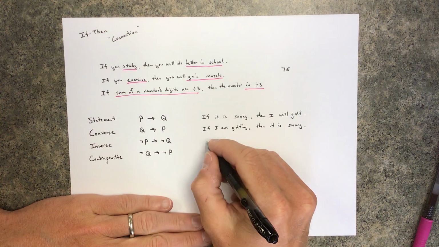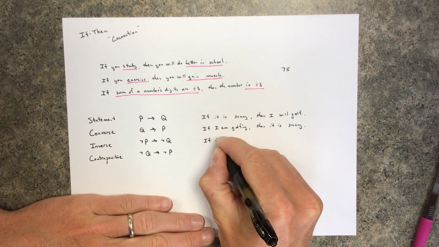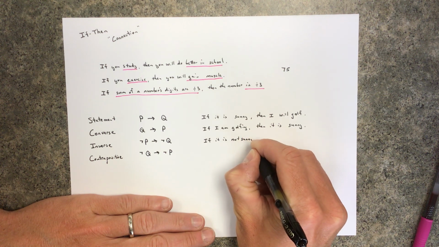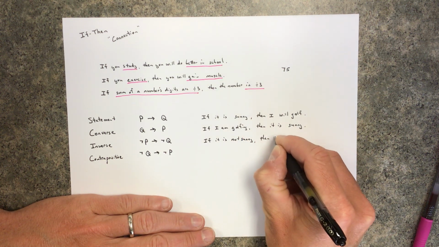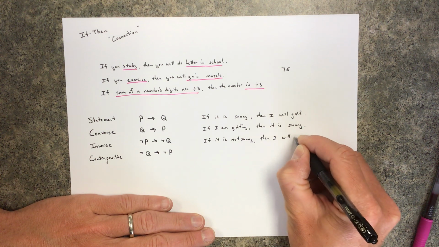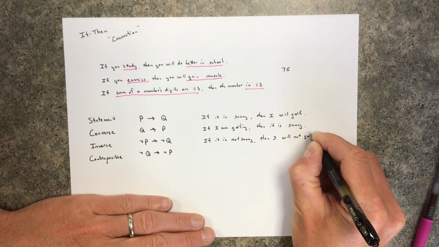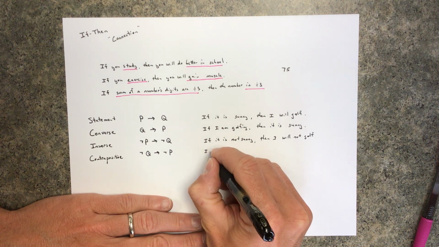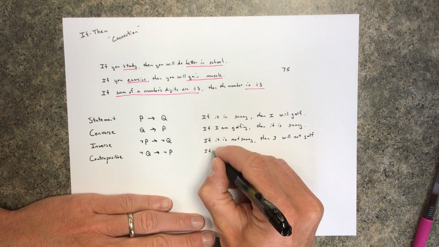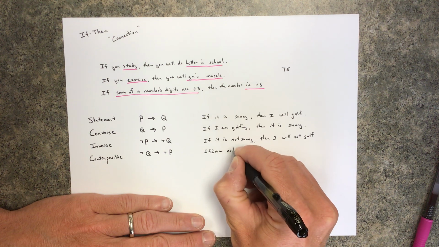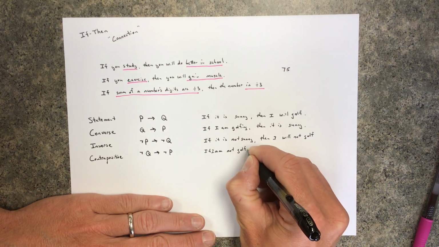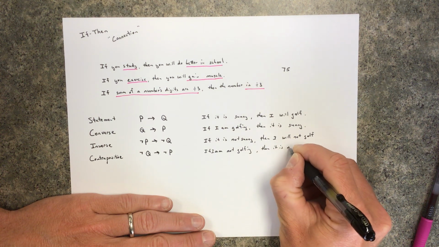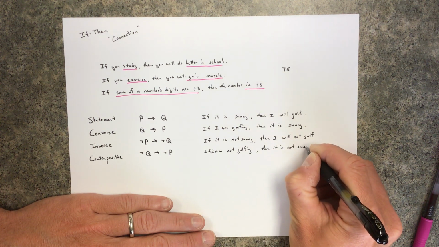The inverse is saying if it is not sunny, then I will not golf. And the contrapositive is if I am not golfing, then it is not sunny.